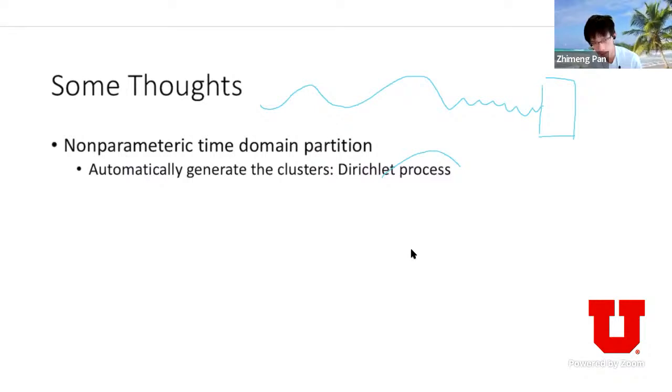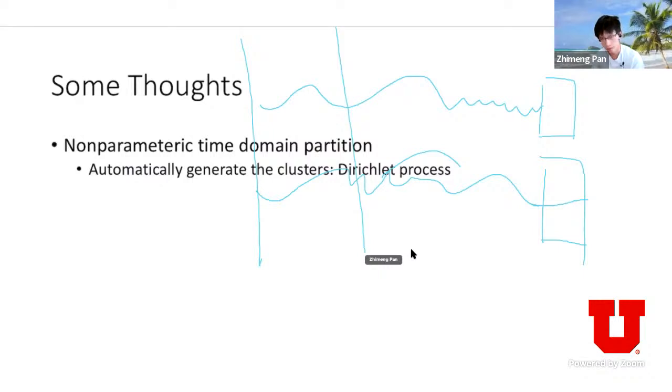But if the function is like this one we are given, then maybe we don't need that many layers of functions. But in the current setting, no matter what, we just partition the input domain into different sets.